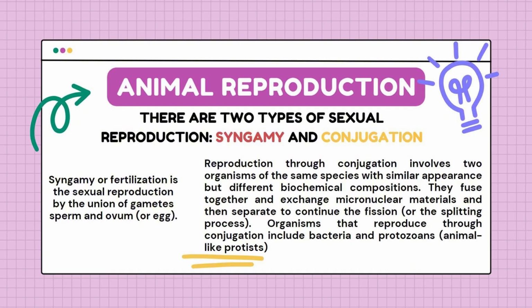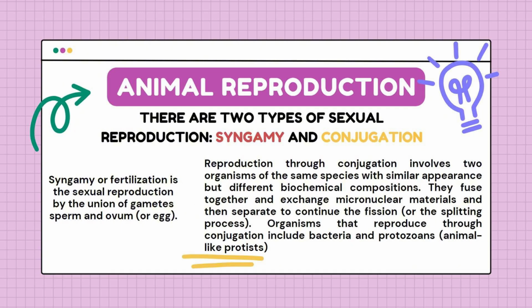Next, reproduction through conjugation involves organism or 2 organisms of the same species with similar appearance but different biochemical composition. Ano kaya yung ibig sabihin nun? Pareho daw silang organism or pareho daw silang uri ng species pero magkakaiba po sila ng biochemical composition.